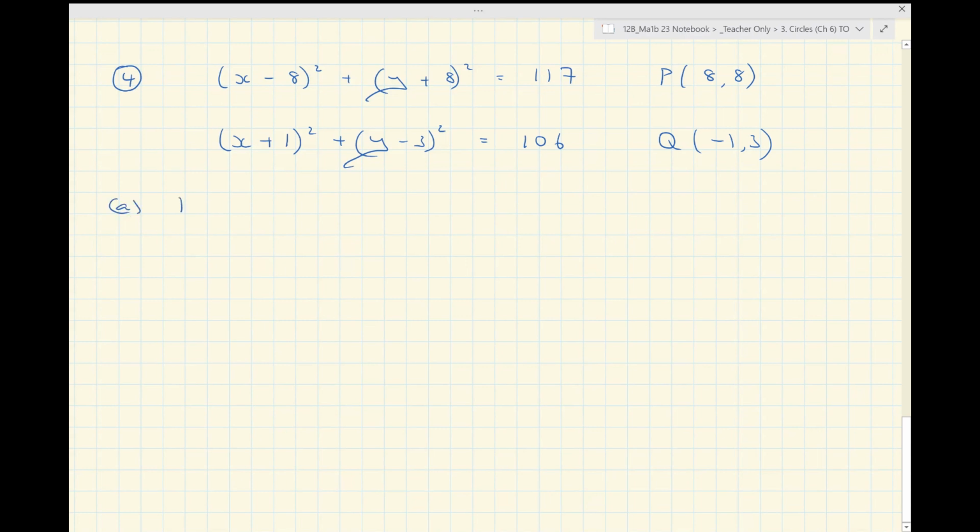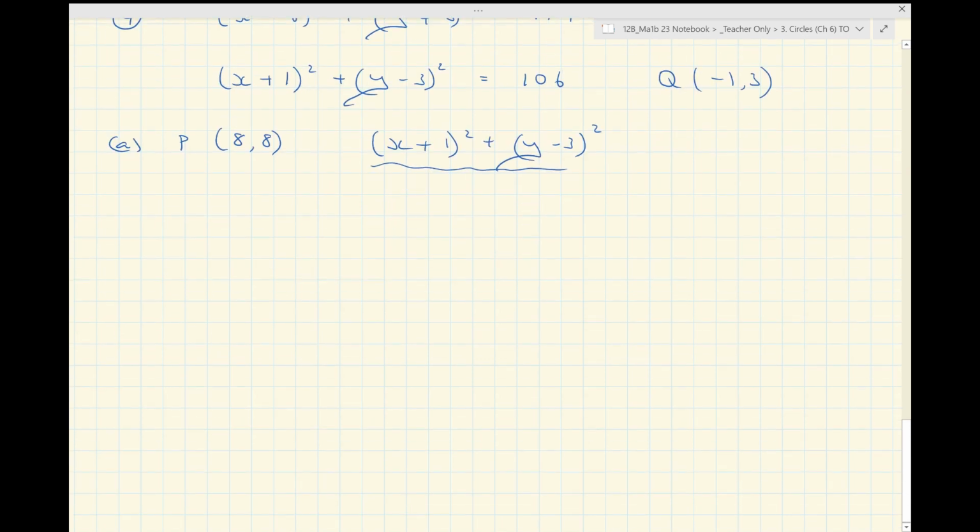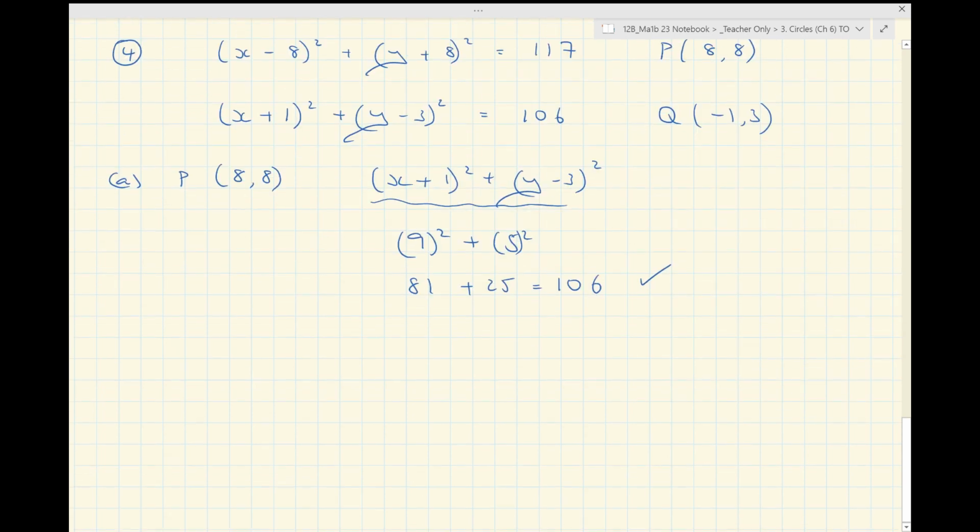Show that P, which is the centre of the top circle, lies on the second circle, this circle on the bottom. So I'm going to evaluate this and see if I get 106. And if I do, then the point P does indeed lie on that circle. 8 minus 3 is 5, gives me 81 plus 25, which is 106, which is what it was supposed to be, looking at the equation of that circle.